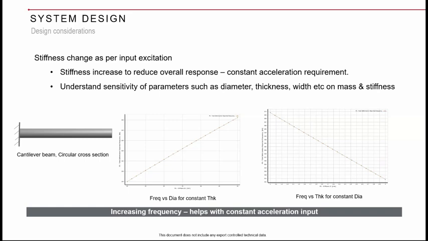One such example you can see here: a cantilever beam with hollow circular cross section is considered. So you have diameter, thickness, width, etc., and mass and stiffness of the beam can be understood. In this particular problem it is a hollow section. You can see frequency versus diameter for constant thickness. It increases with increase in diameter.